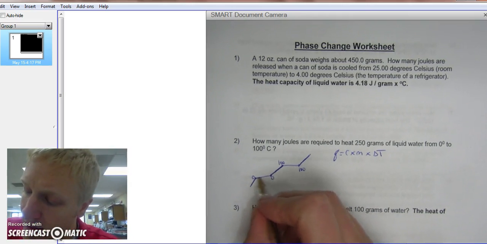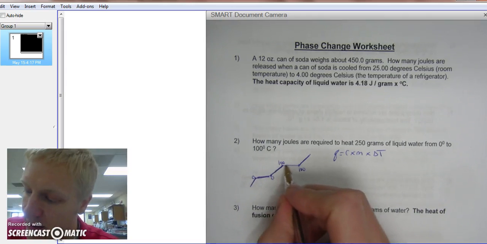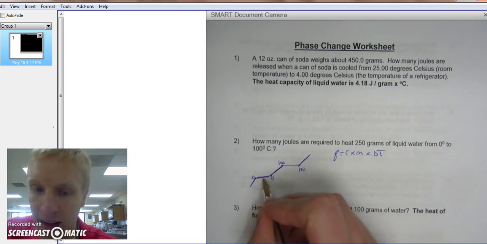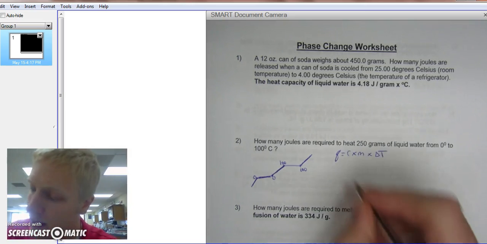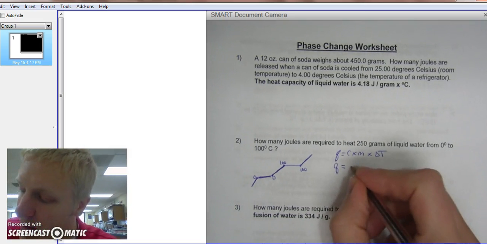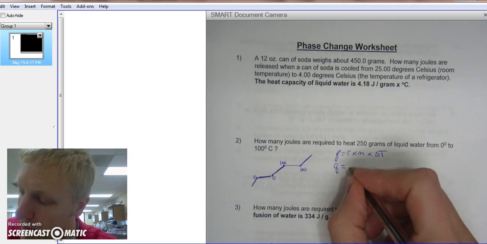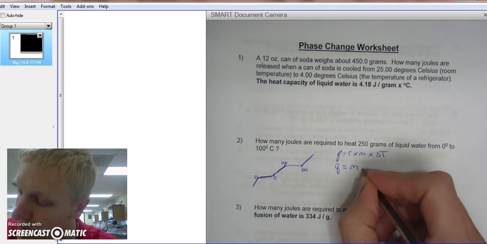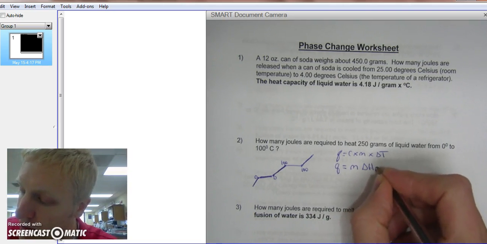Alright, and then we have the horizontal lines, these flat guys, the melting slash freezing point and the boiling slash condensation point. You can find the energy by using Q equals mass times the heat of fusion.